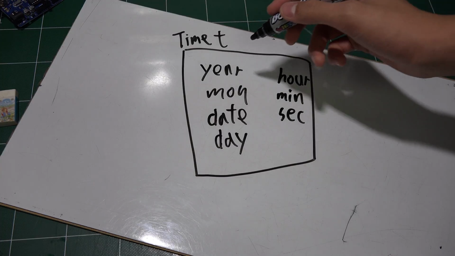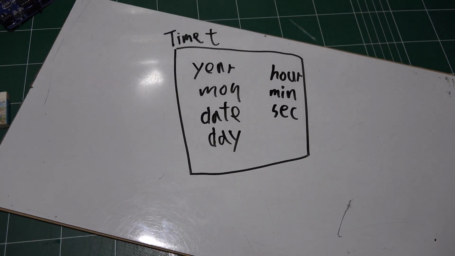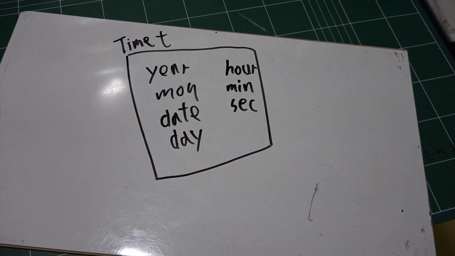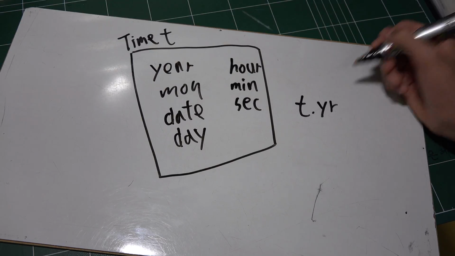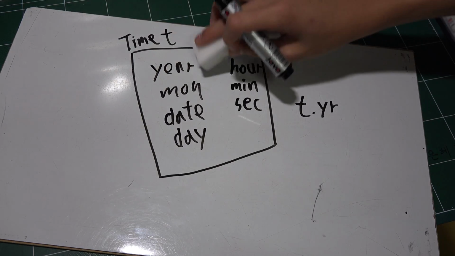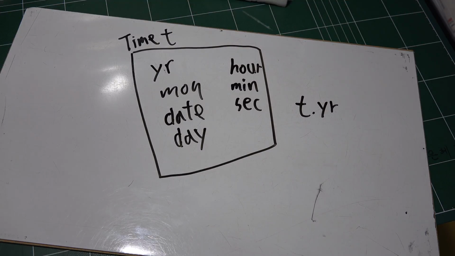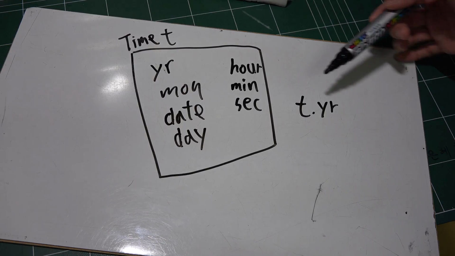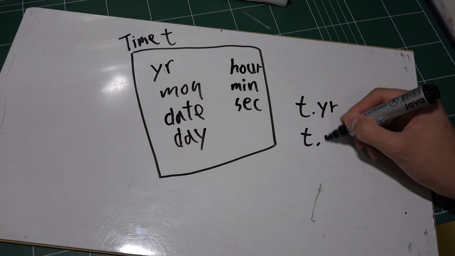So if I want to use the information of year, I can just write t point year like this. In the program it is just yr, so I wrote like that. And if I want the information of minute, I can just write t point minute.